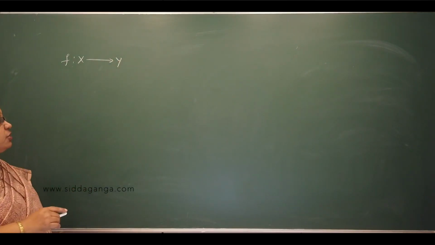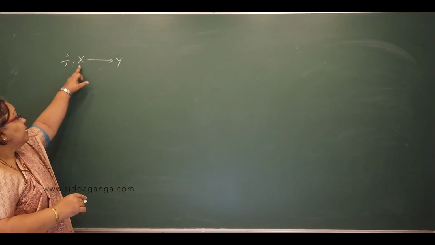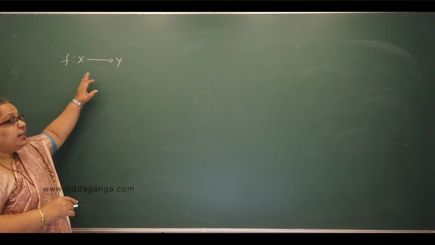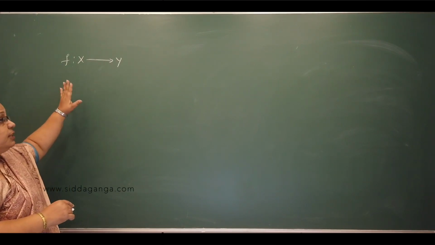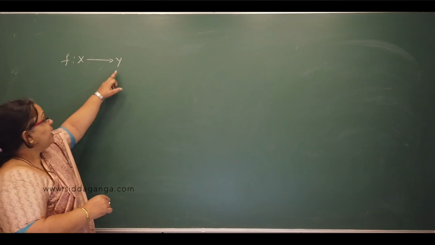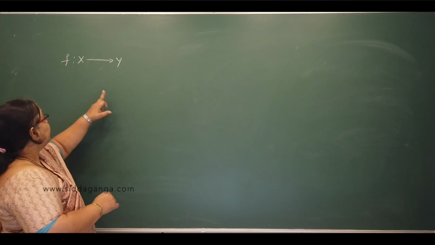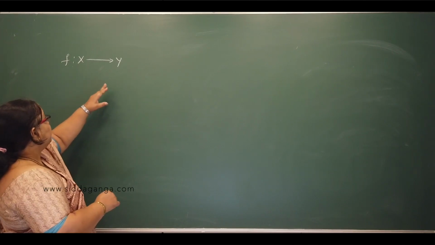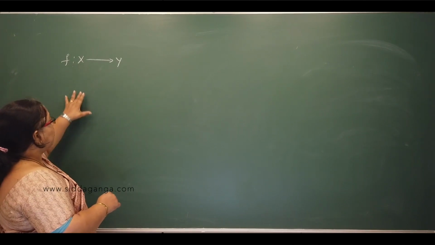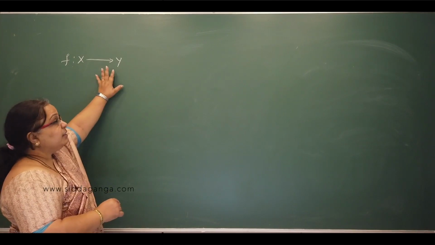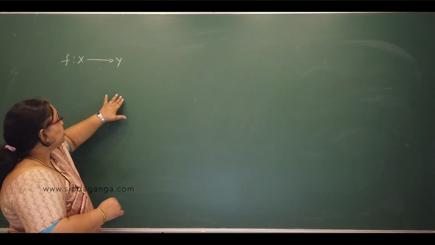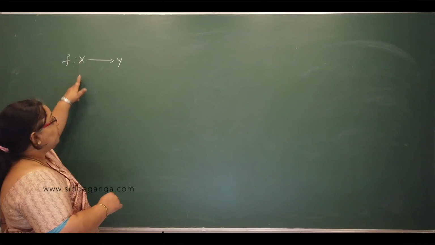Next, a function f from the set X to Y is said to be an onto function if every element in the codomain has a pre-image in its domain. Every element in the codomain must have a pre-image in the domain.